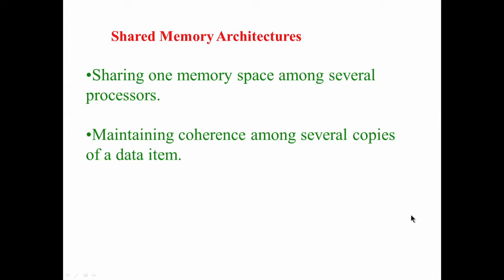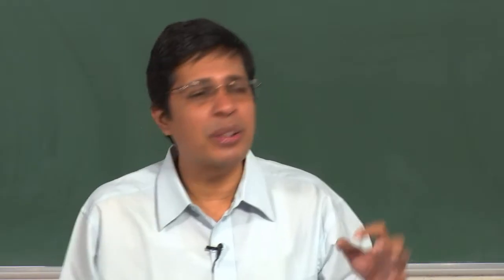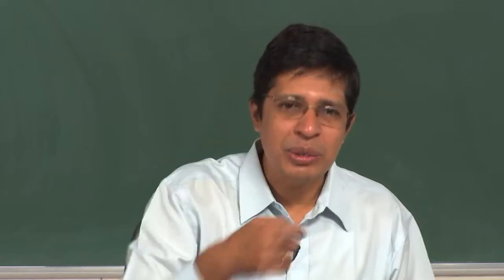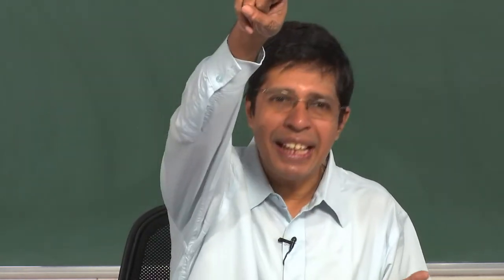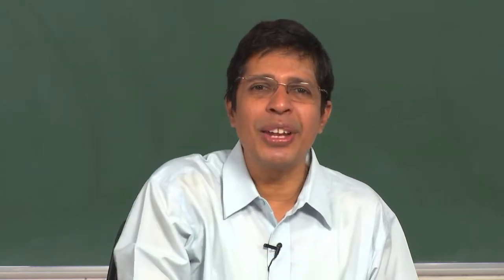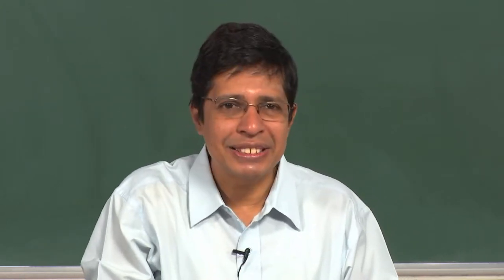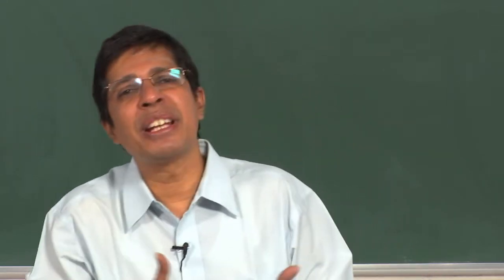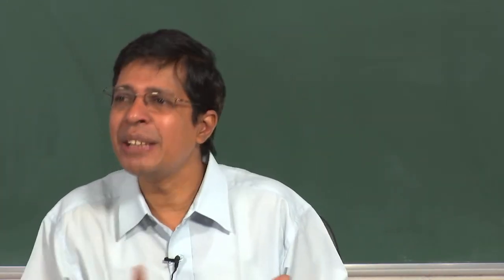Now I am going to have a cache, right. There is one shared memory, and each of these processors is going to have a cache, correct. And so when I read 1000, that 1000 will belong to me. So there is a version of 1000 in the main memory, and there is also a version of 1000 in my local cache. And for performance reasons, I will not have a write-through cache, I will have a write-back cache.